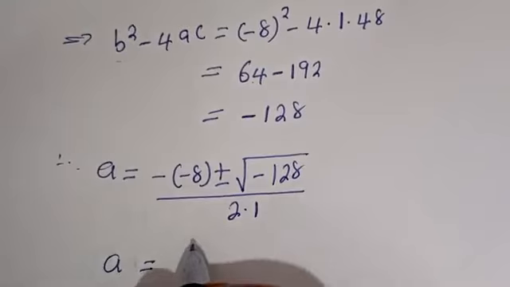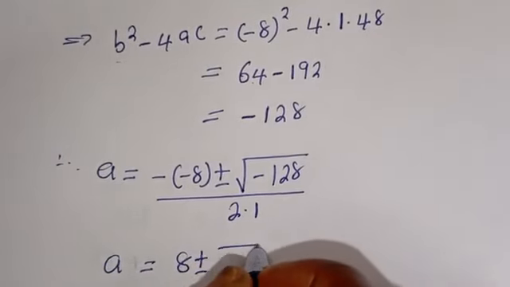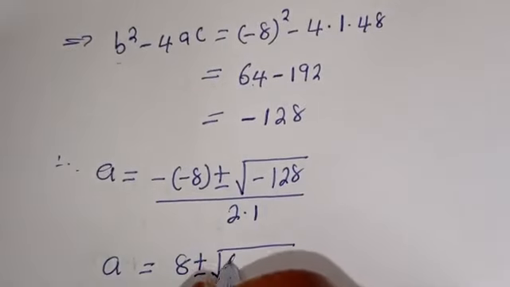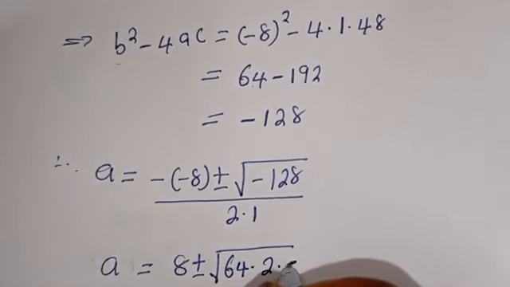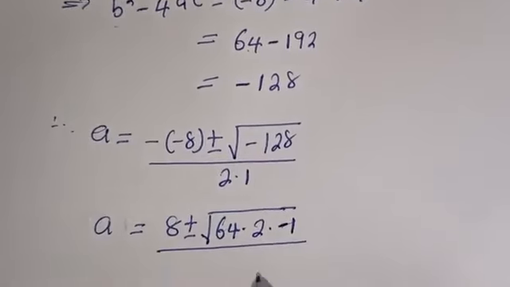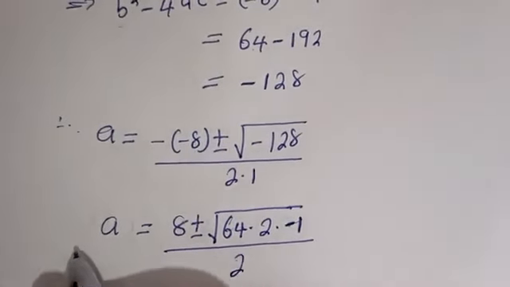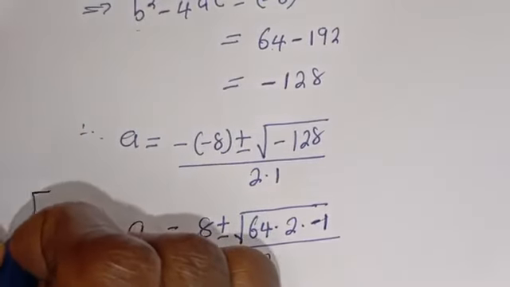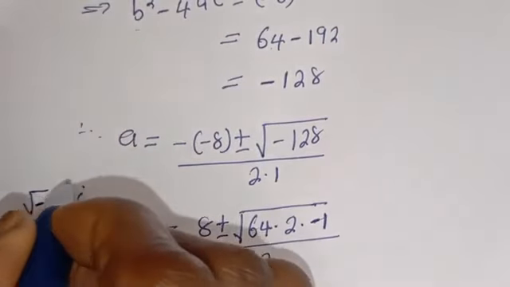A is equal to 8 plus or minus square root of minus 128, which can be written as 64 multiplied by 2 multiplied by minus 1, divided by 2 multiplied by 1, that is 2. And of course, we know that square root of minus 1 is equal to I.